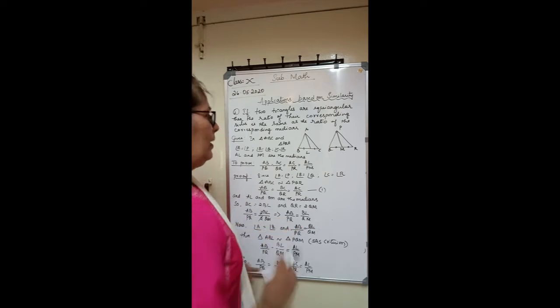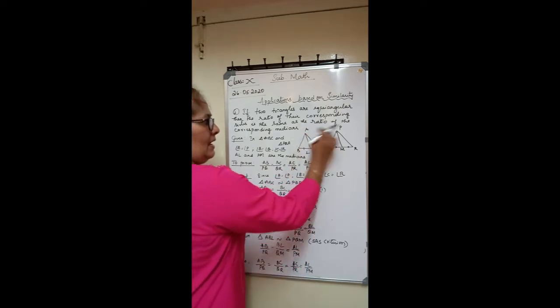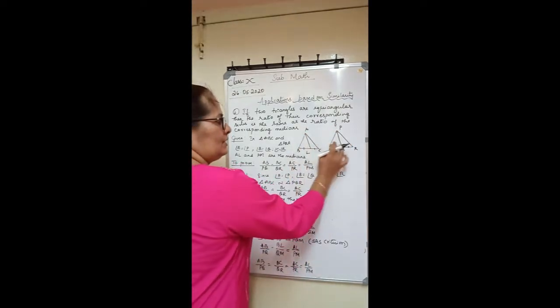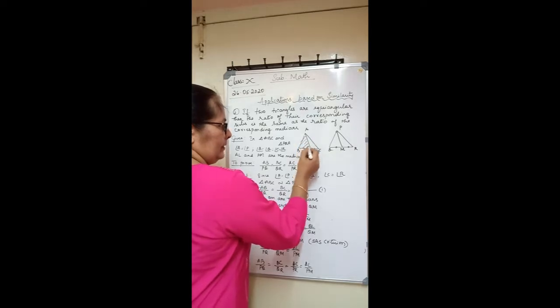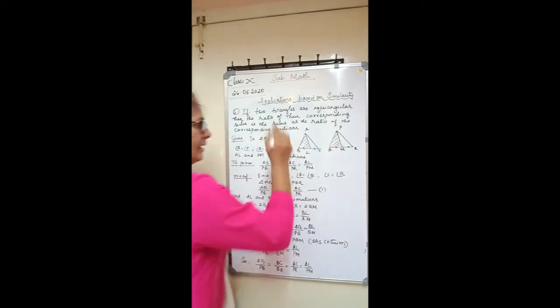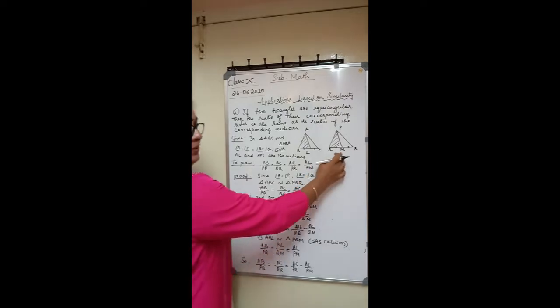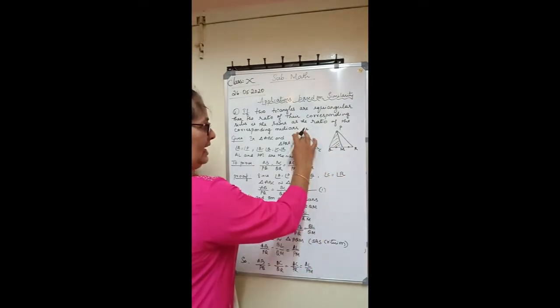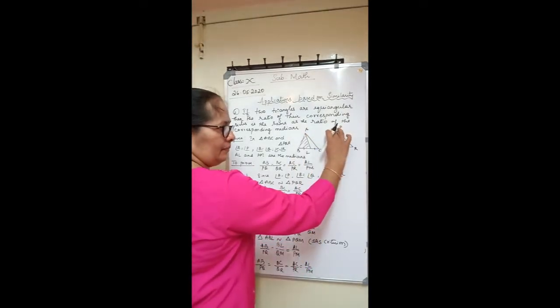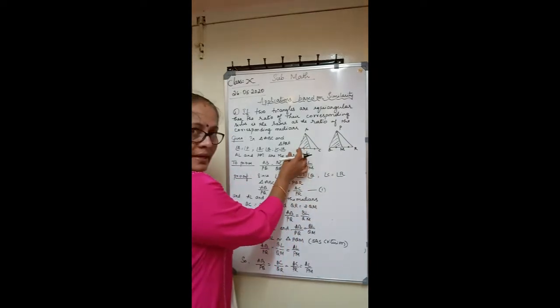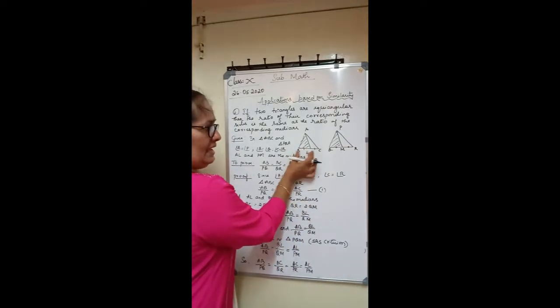Yes. Now in these two triangles, ABL and PQM, you know that AB by PQ is equal to BL by QM.